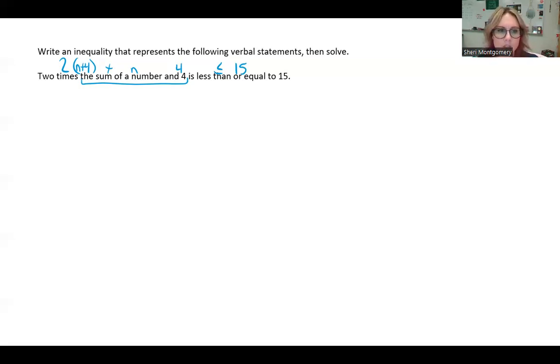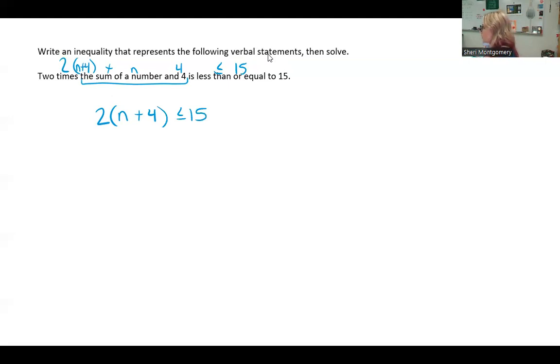So I'm going to read it again. 2 times the sum, so that's adding a number and 4, is less than or equal to 15. I think that I got it. 2 times the sum, so I'm adding, of a number and 4 is less than or equal to 15.